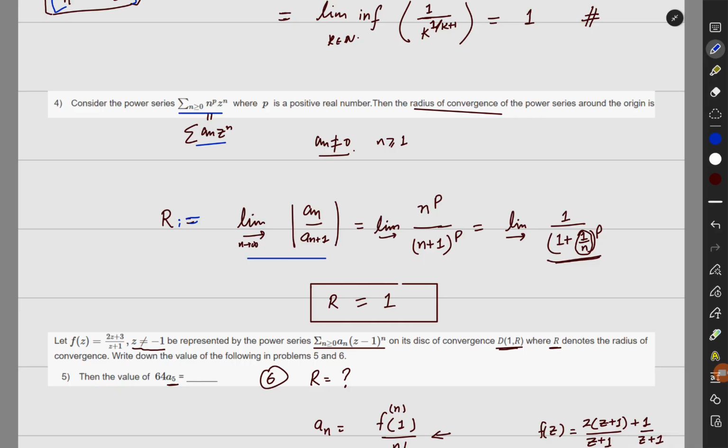Now after taking n to the power p common from the denominator and cancelling out from the numerator, what we get is 1 upon 1 plus 1 by n, to the whole power p. Now as n tends to infinity, what happens? This 1 by n goes to 0, what remains? 1 by 1. So this is just 1.